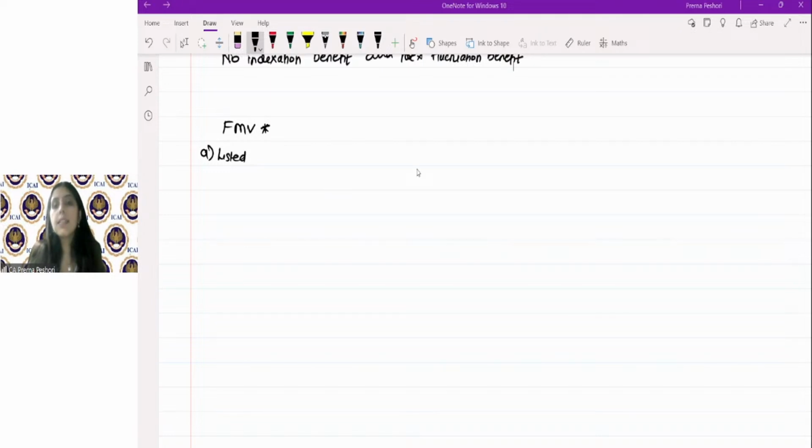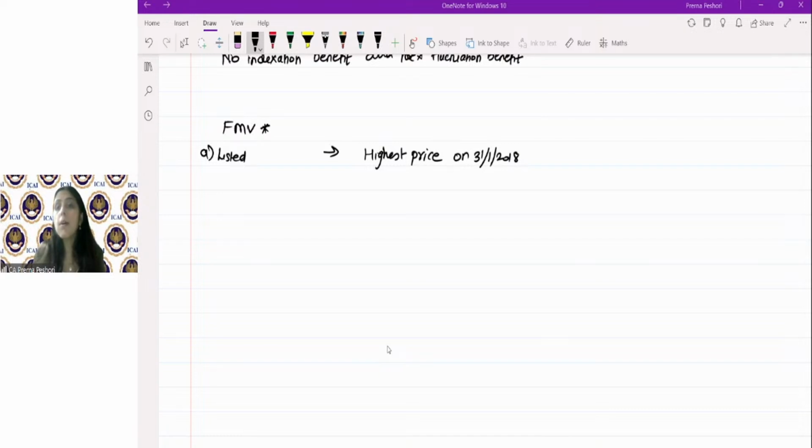So fair market value in this case is the highest price on 31st January 2018, in case the shares were listed on 31st January 2018. Clear?